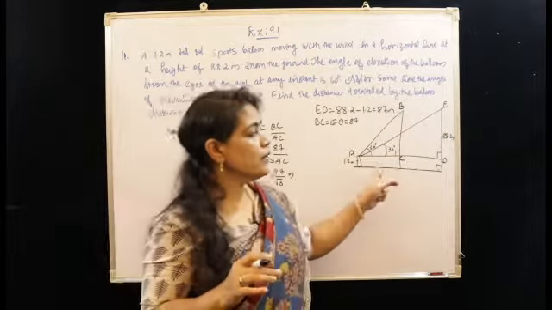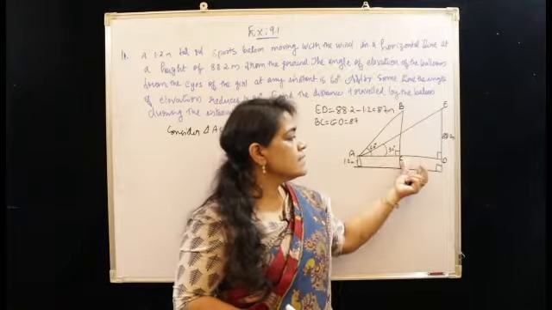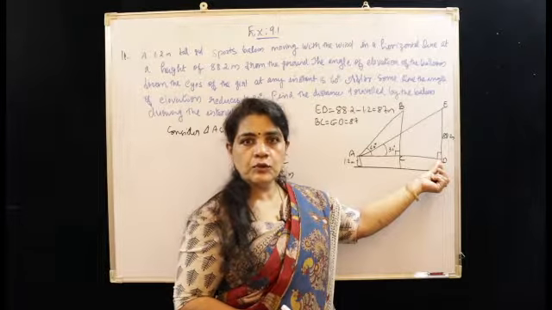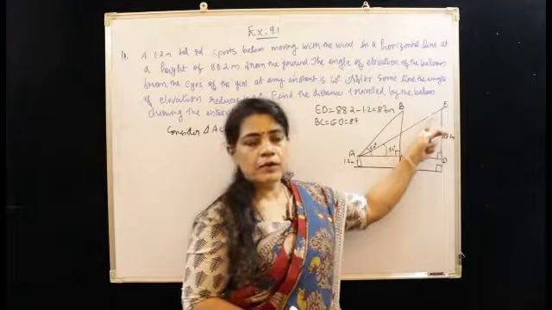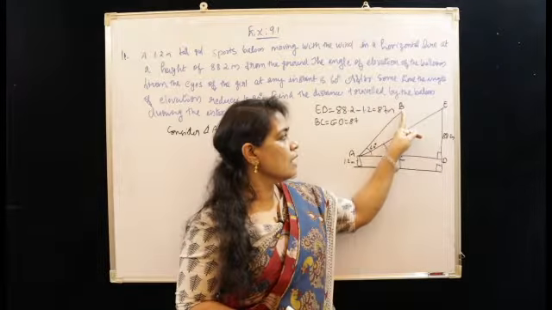See from the figure, children, CD is equal to BE, because this is the distance travelled, BE.